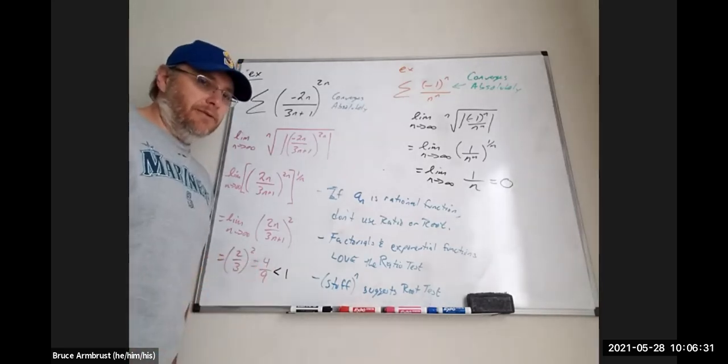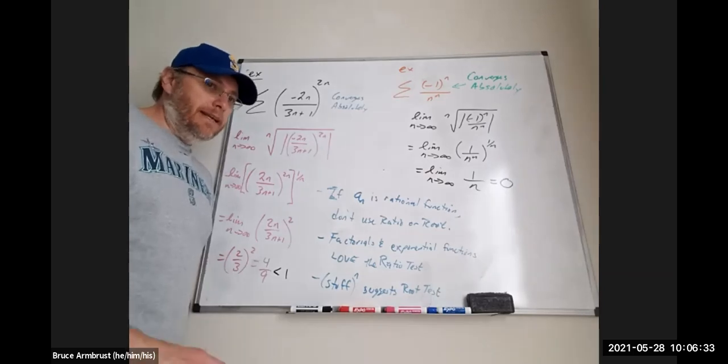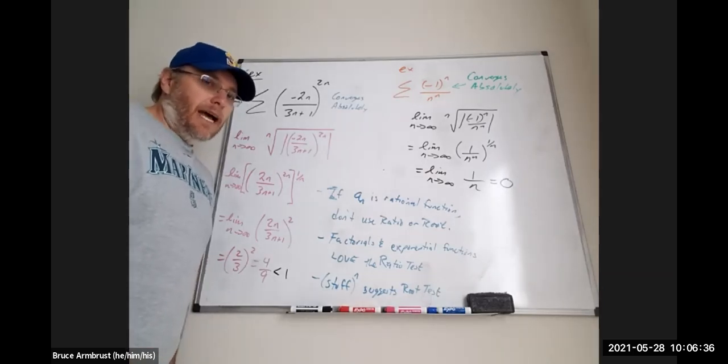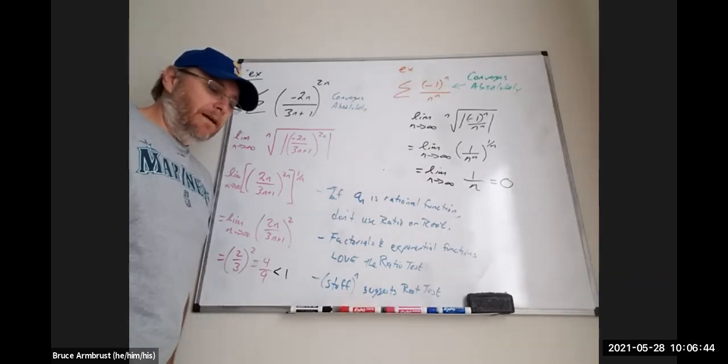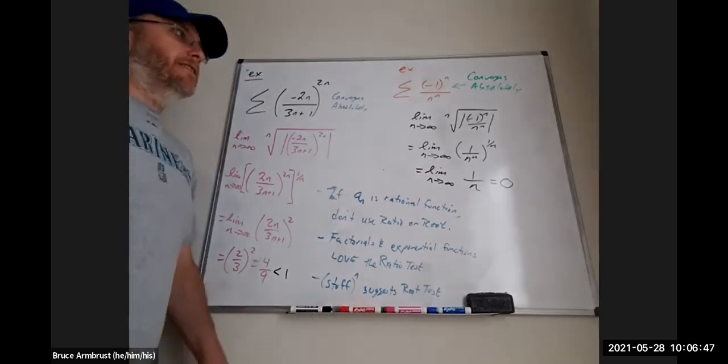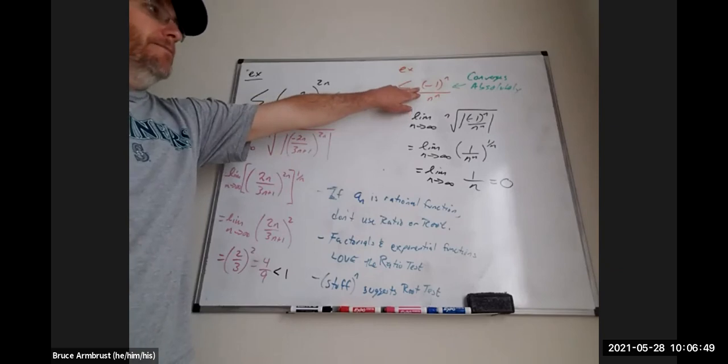Like you won't know if it's absolute or conditional. So I tend not to use that one. I would rather know if it's absolutely convergent. It's a little bit stronger of a statement than just convergent, right? But alternating series, it's very clear usually when you want to do that.